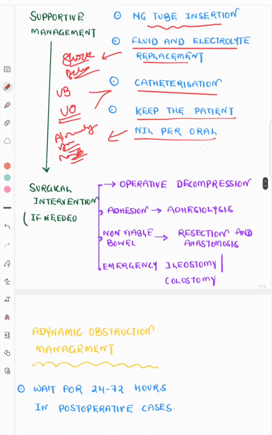So surgical intervention, we can do operative decompression. If the adhesions are the cause of obstruction, we will do adhesiolysis. It can be done by laparoscopic and open surgery.